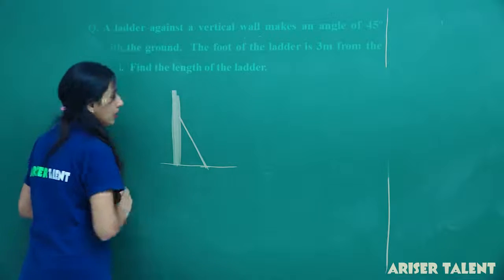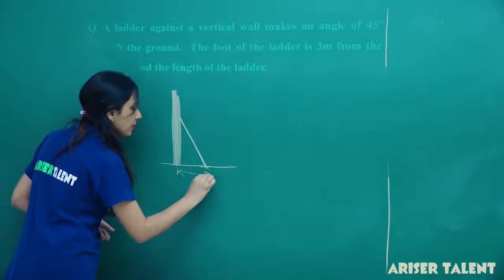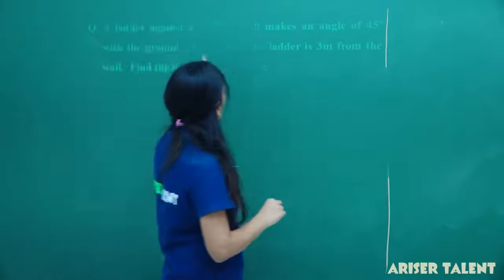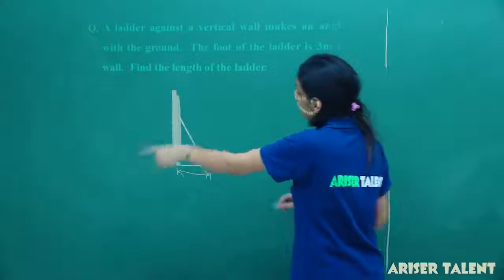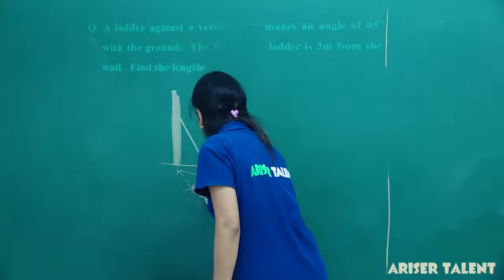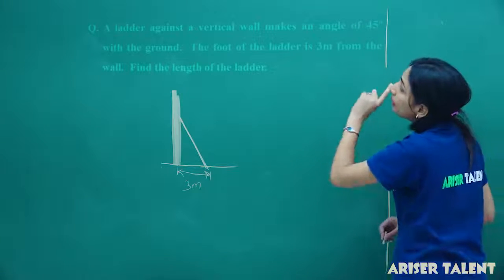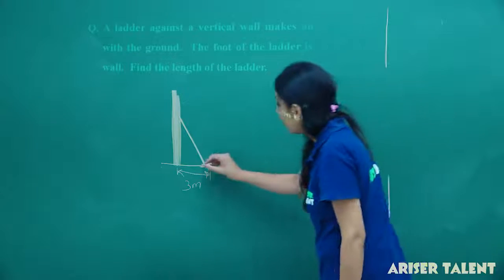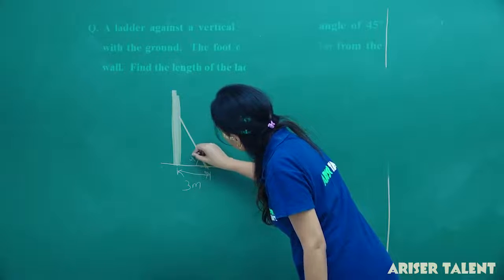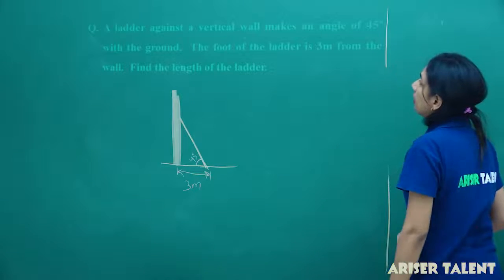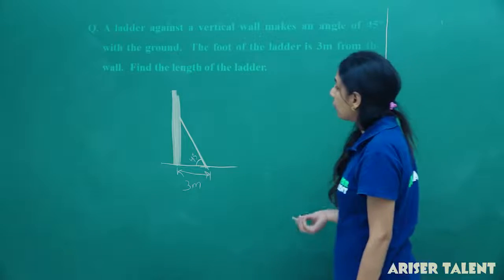Now it is given that the foot of the ladder is 3 meter from the wall, and the ladder against a vertical wall makes an angle of 45 degree with the ground. With the ground it makes 45 degrees. Find the length of the ladder.